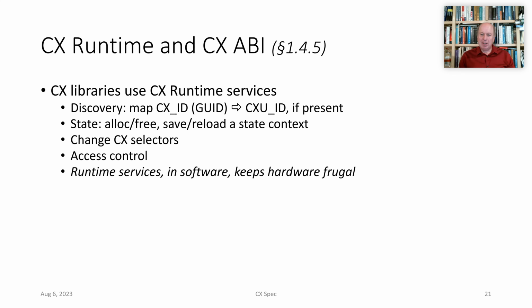State management, which manages state context IDs, as well as performs in a neutral way context save and restore of any custom extension state context. Managing CX selectors, and access control to the extensions in state. The runtime is implemented in software to keep extension hardware simple and frugal.